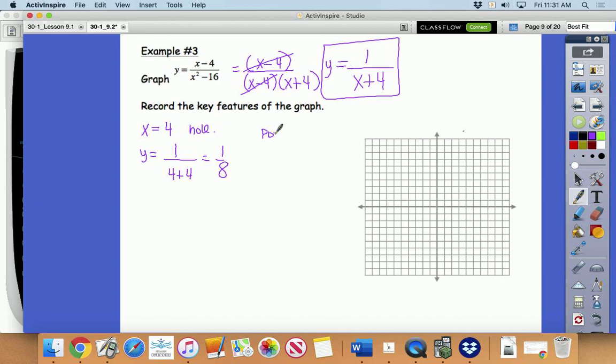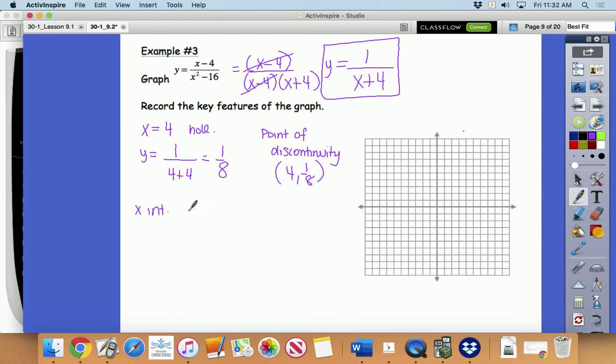So our point of discontinuity is at (4, 1/8). X-intercepts, let's see what happens.